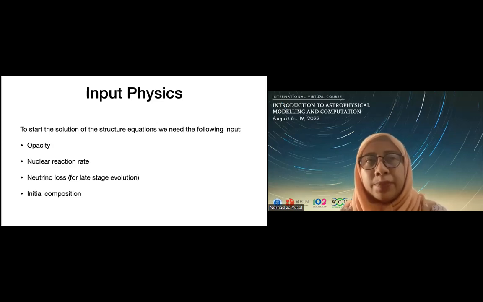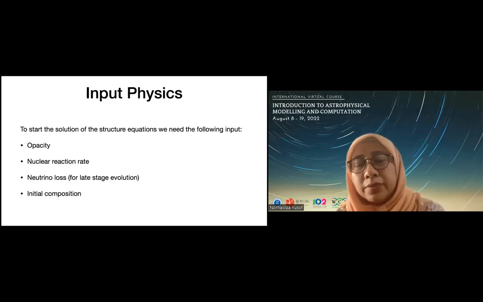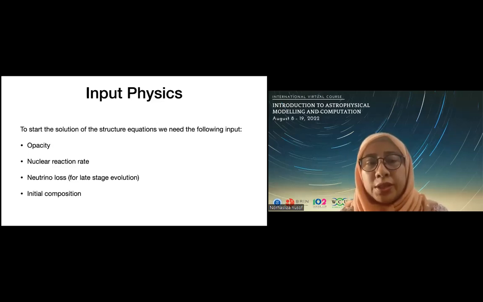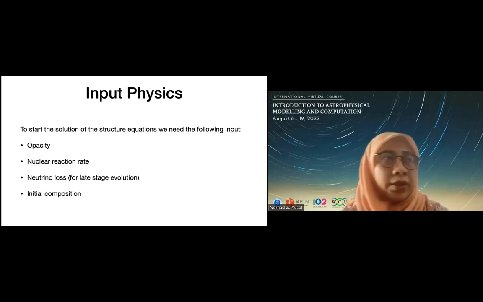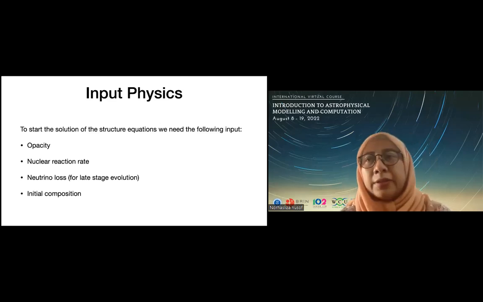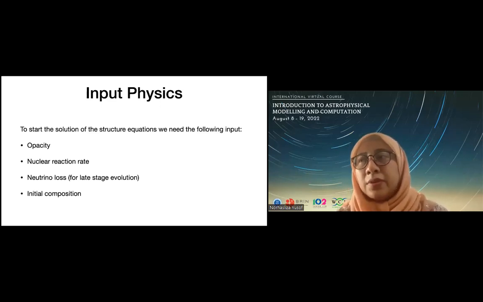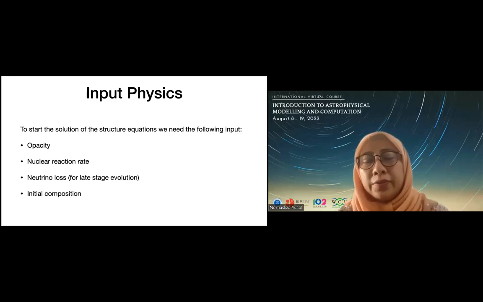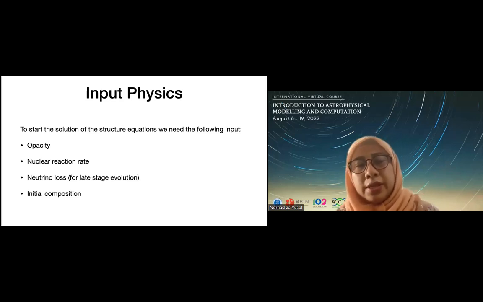This is coming, for example, from some OPAL table for the opacity composition. And then we have the nuclear reaction rate, which is coming from the NACRE compilation, because we have a lot of rates, so we have to compile all the reaction rates.